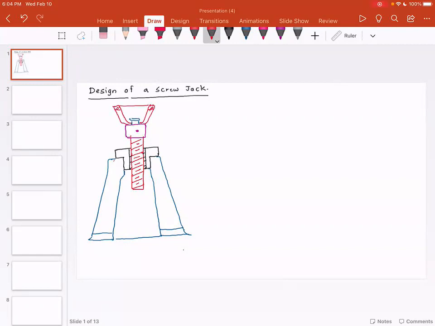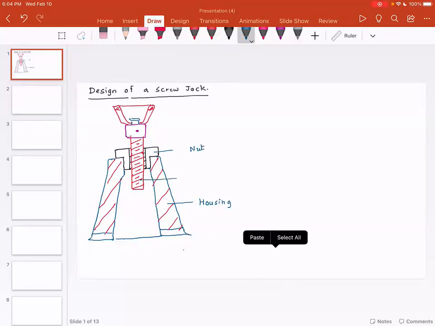If you look at the housing, it is rigid, usually made with cast iron. So this is the housing. This is the nut.